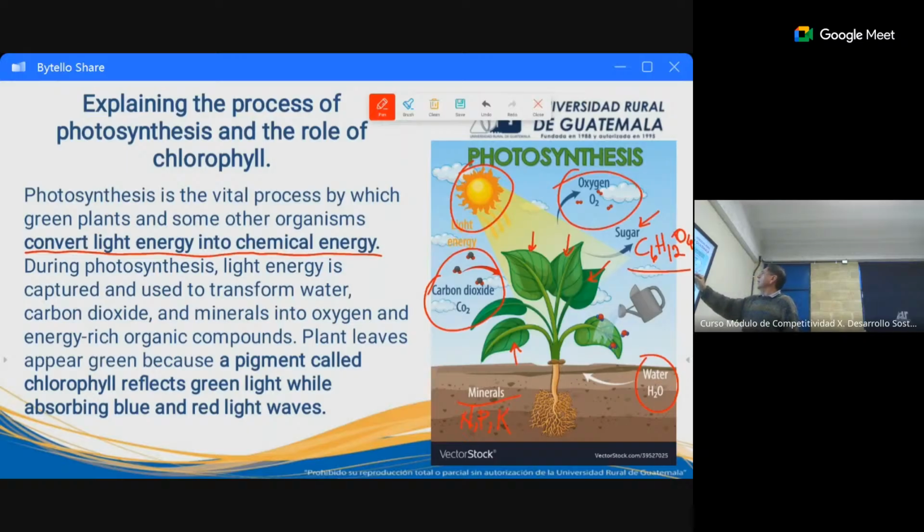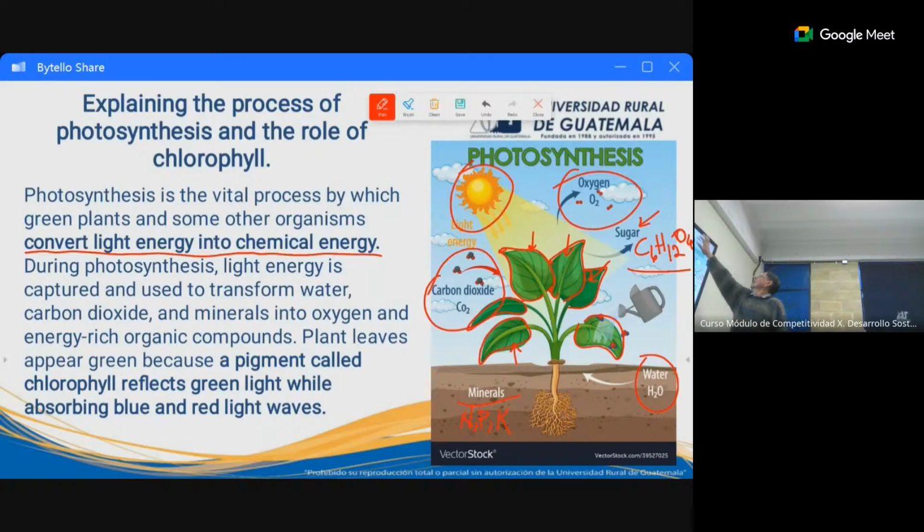So the chlorophyll is contained here in the green leaves. Okay? And plants are able to absorb the red and blue light, but they reflect the green light.